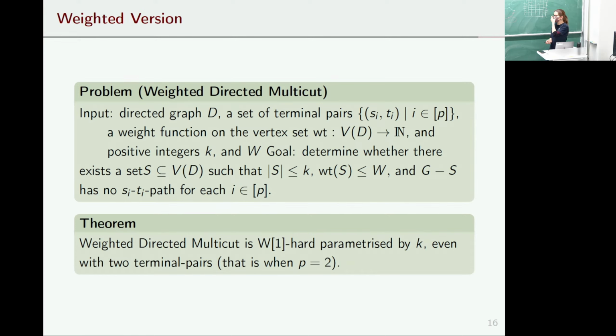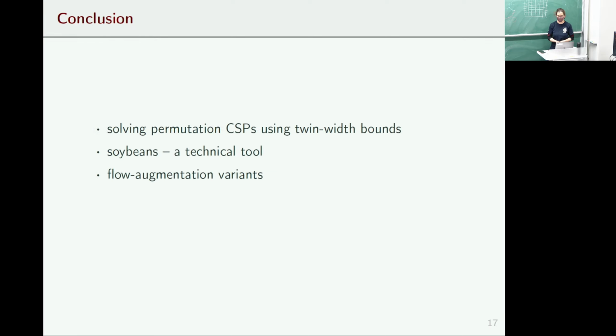But in the end, I still think we take away a lot, even if we didn't introduce a new tool. This way of doing bounded twin width CSPs has not been done in this combination before. So this might also be useful for other problems, because it's not specific to how we got the CSP in the first place.